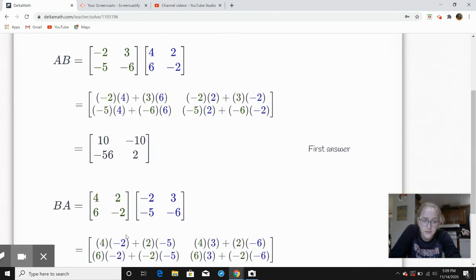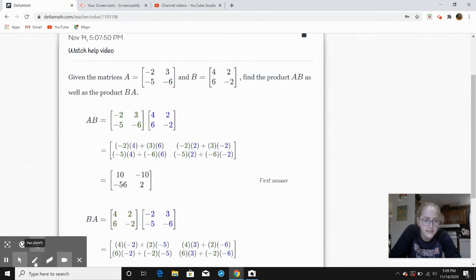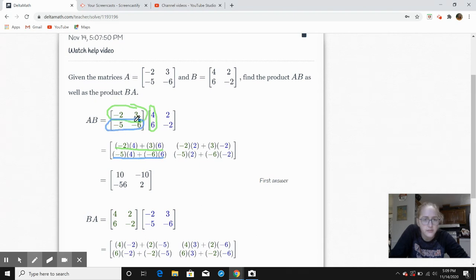And then, oh wait, there are my pencil tools. Hang on. Oh, look at all these fun colors. All right. So for this one right here, remember it's your first row and your first column. For this one down here, it's going to be your second row and your first column.